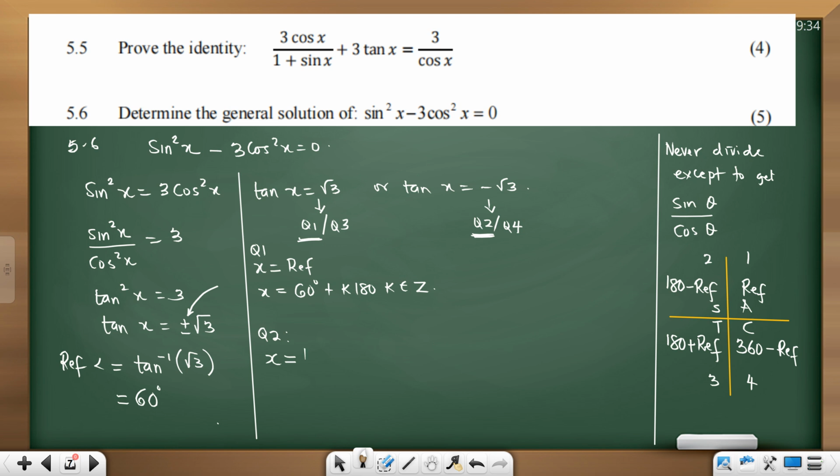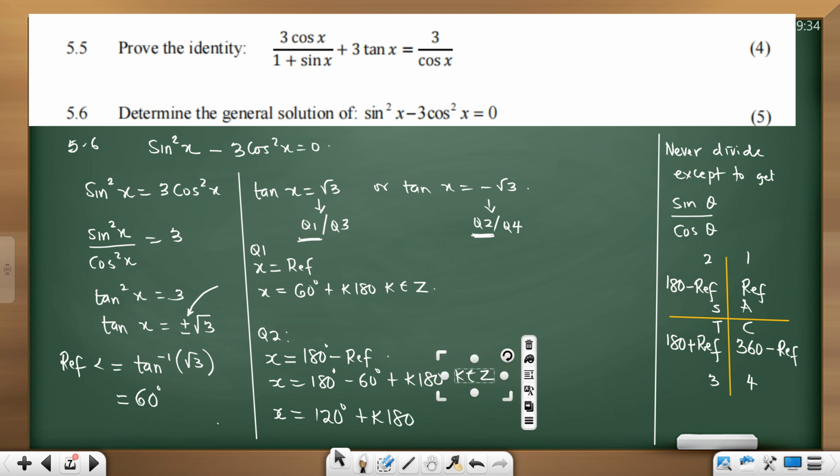What is our reduction? 180 minus reference. That's our second quadrant. So 180 degrees minus our reference 60 degrees, plus k 180 because of the period of tan. So what is x? 120 degrees plus k 180, where k is an element of integers. Case closed. I have my 5 marks in the bag.